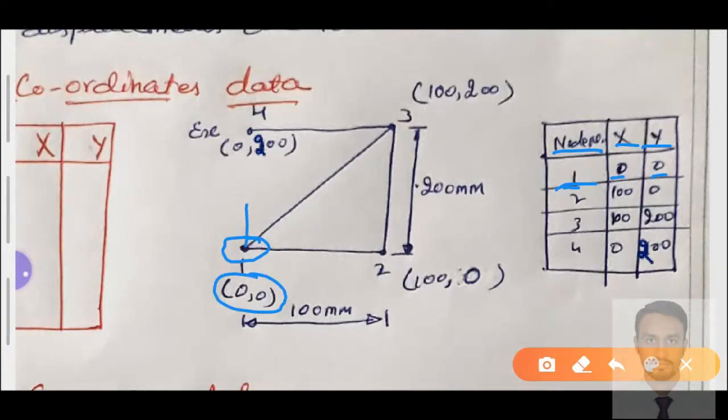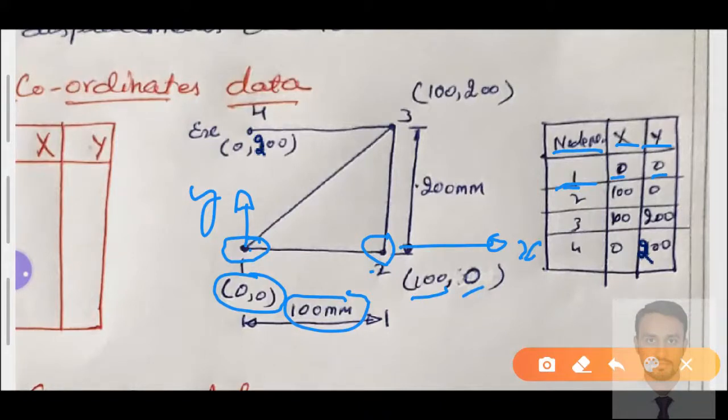Similarly, node number 2 is away from the origin along the x axis by 100 mm and along the y axis by 0. So x is 100 and y is 0 for node number 2.